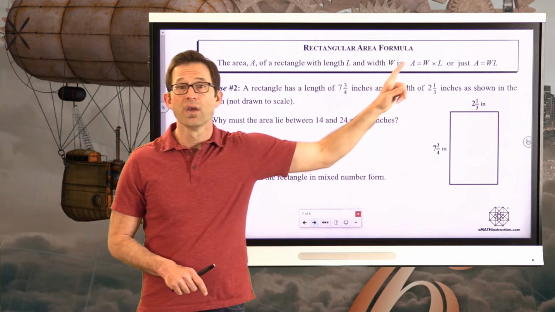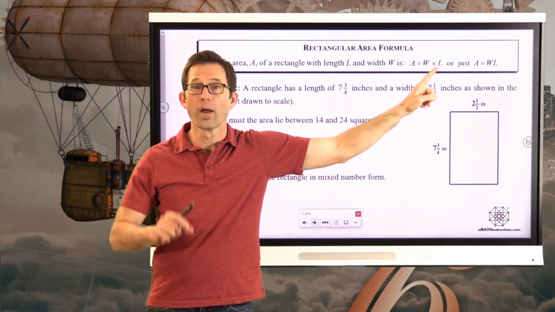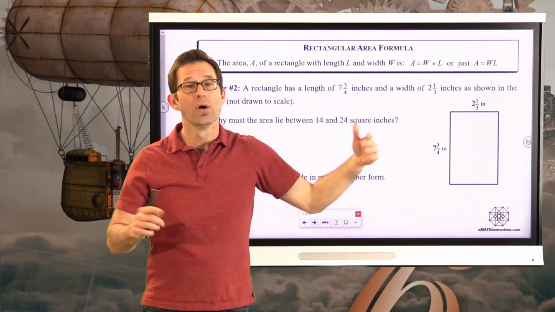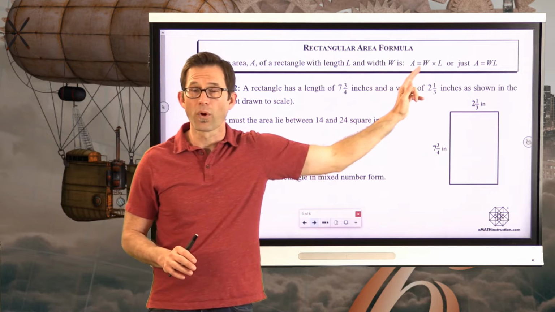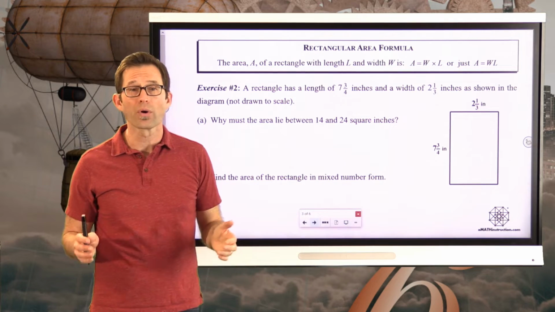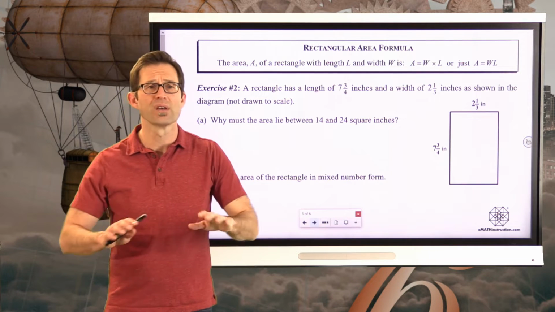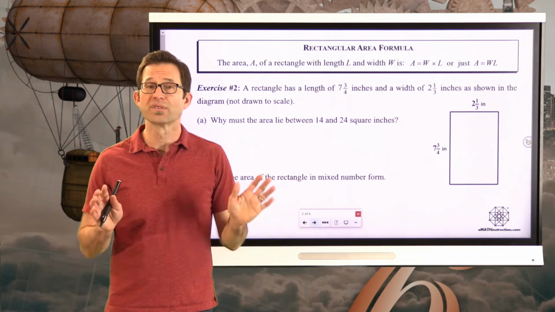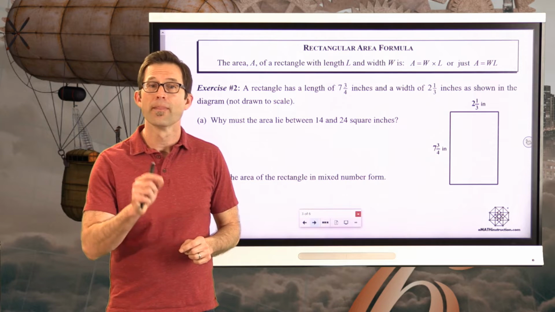You can think of it as one of the numbers representing how many squares lie in a row and the other number representing how many rows, or vice versa. The amazing thing about this formula is that it works whether or not the side lengths are whole numbers, fractions, decimals. It doesn't matter. We still do length times width or width times length to find the area of a rectangle.